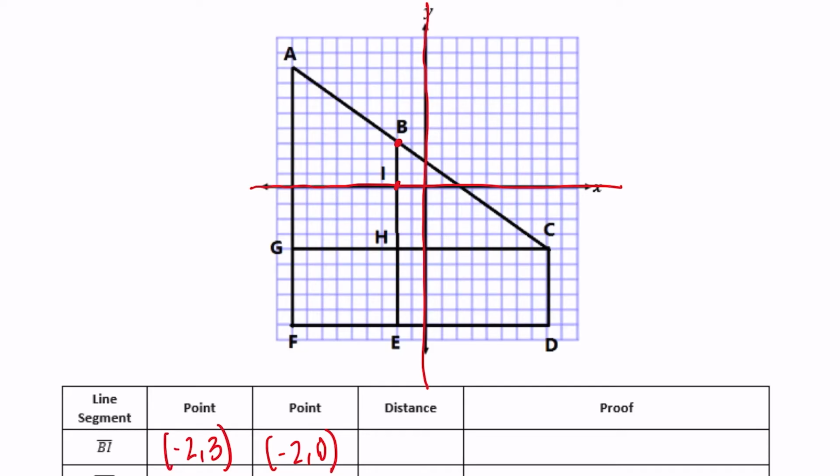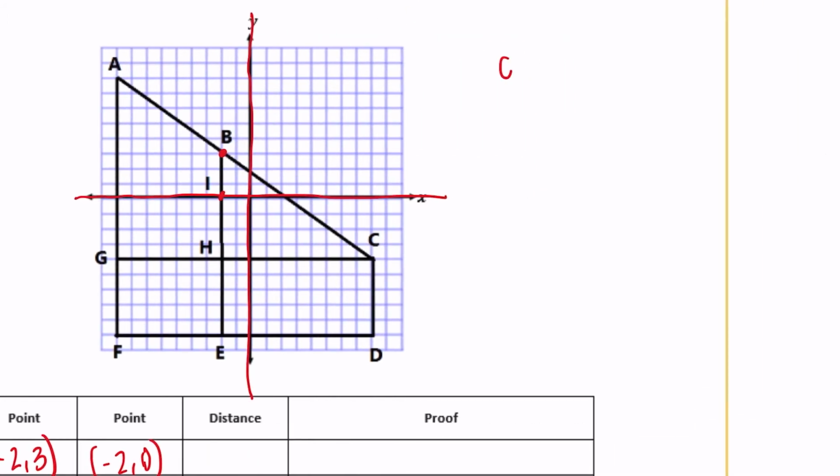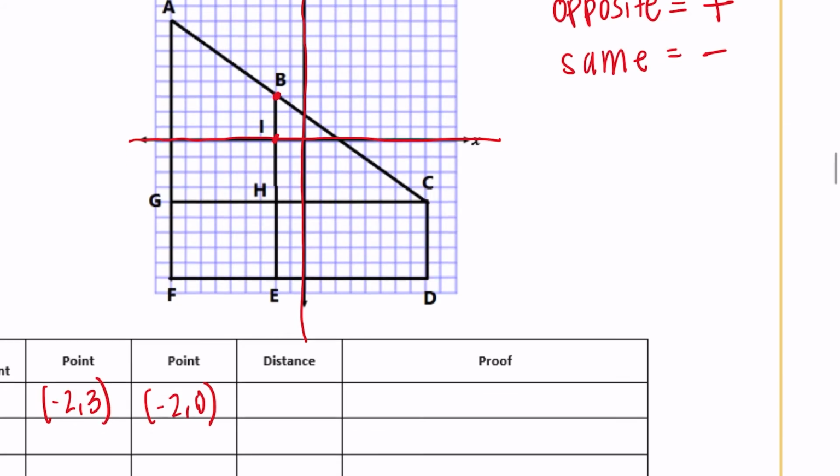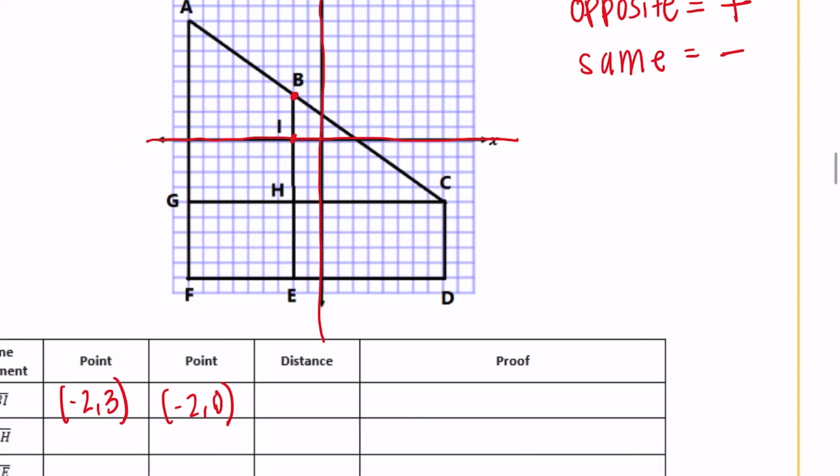And we are going, remember, if they're on opposite sides of 0, we add. I'll write it over here again. Opposite means we add. Same means we subtract. So here, they are not on opposite sides of 0. They are actually on the same side.